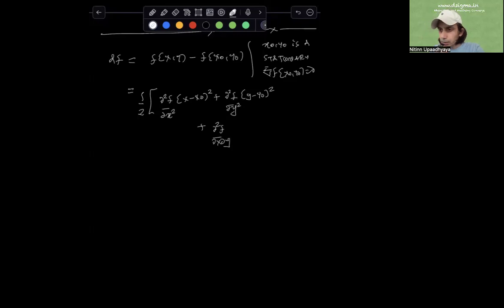We'll assume that if you interchange the order of the mixed partial derivative, it remains the same.